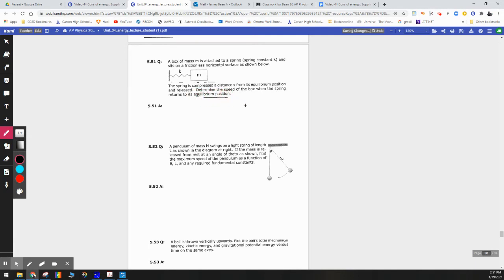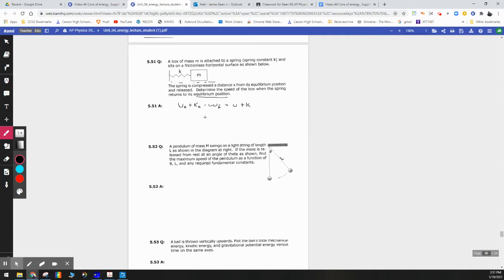Since it's frictionless, that helps you out here. So we have initial potential energy plus initial kinetic energy minus any work done by friction equals final potential energy plus final kinetic energy.